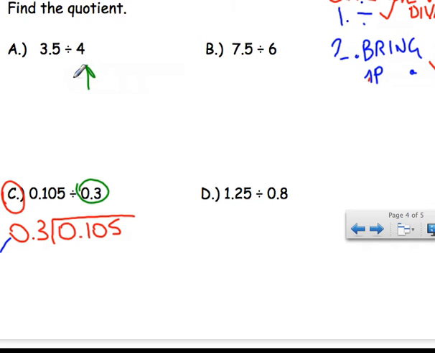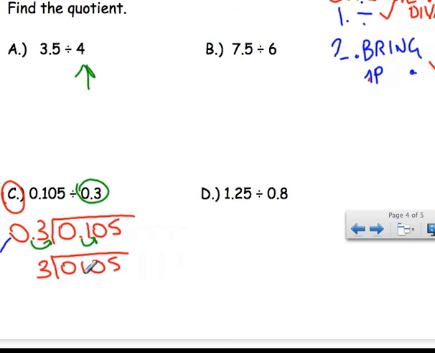So in order to do that, I'm going to move my decimal in my divisor one place, which means I also need to move my decimal in my dividend one place, and then I'll just rewrite the problem. This is really 1 and 5/100ths divided by 3. Now that I've done that, it should be a little easier for me to divide and multiply.